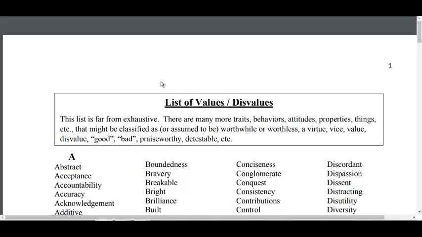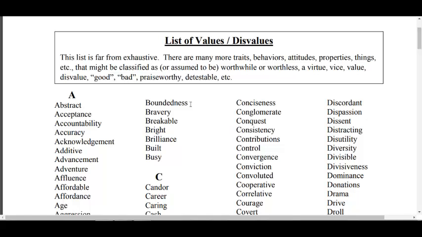But the idea behind giving everybody this list is to just gain a sense of things that people might consider to be valuable or of disvalue, things that people might consider worth promoting and protecting, and things that people might consider better off never to have been. That we try to minimize these traits or behaviors or things in the world.